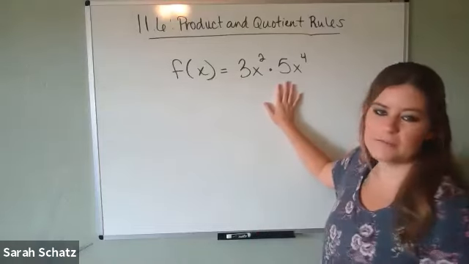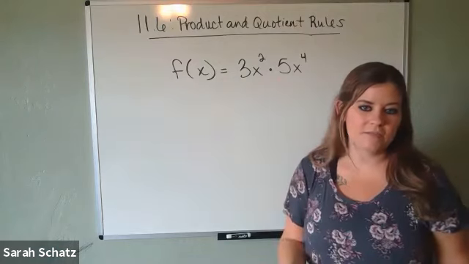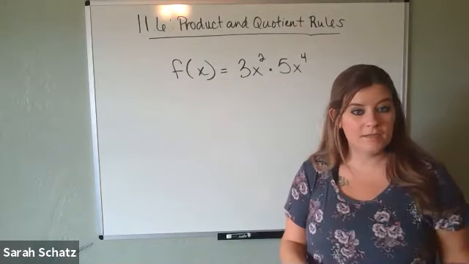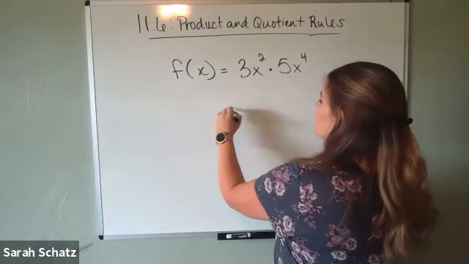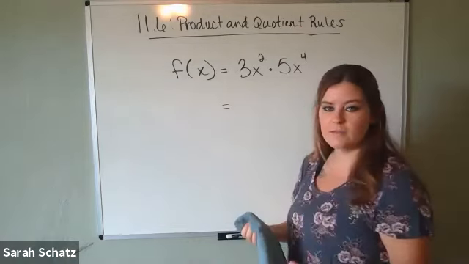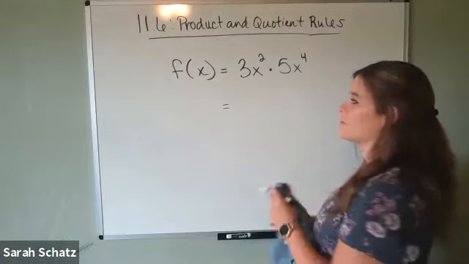Now, you might be thinking on this one, well, why don't I just multiply those together and then I'll have a single term? Absolutely, guys, you can absolutely do that. So while you can't take the derivative and then multiply, something that you might want to do on a problem like this, I mean, notice they both got the x's in there, they're just multiplied.